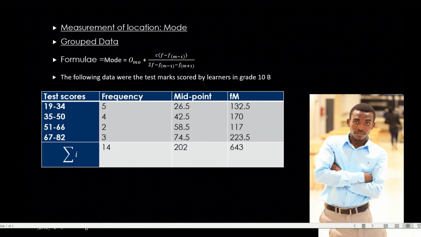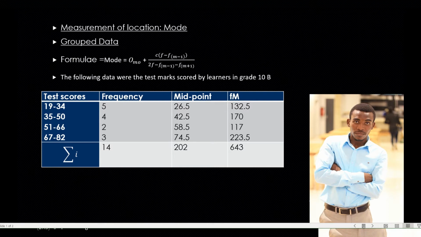Here they give us the following data, which is representing the scores by learners in grade 10B. In the table displayed on the screen, we have 4 columns and 3 rows.